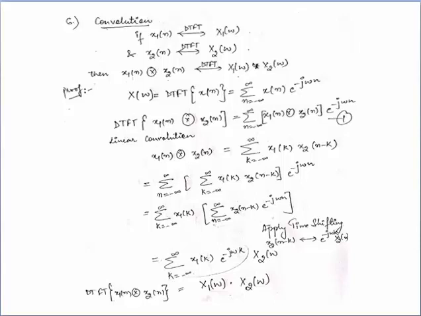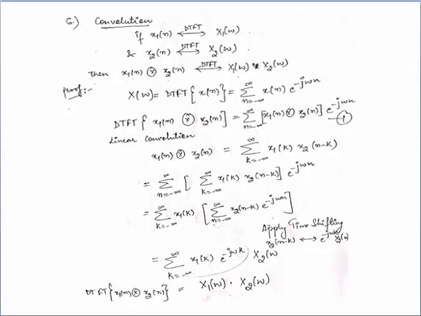In this, we have to put x of n is equal to x1 of n convolution x2 of n, that is a convolution of two sequences x1 of n and x2 of n. So DTFT of x1 of n convolution x2 of n is equal to summation n tends to minus infinity to infinity x1 of n convolution x2 of n into e raised to power minus j omega n, that is equation 1.